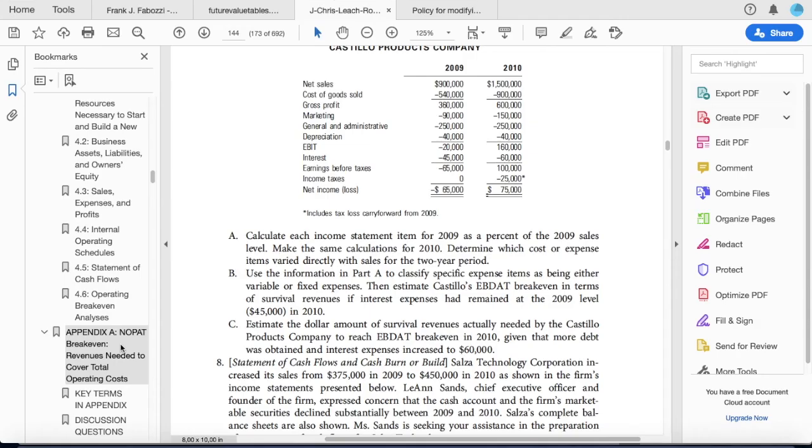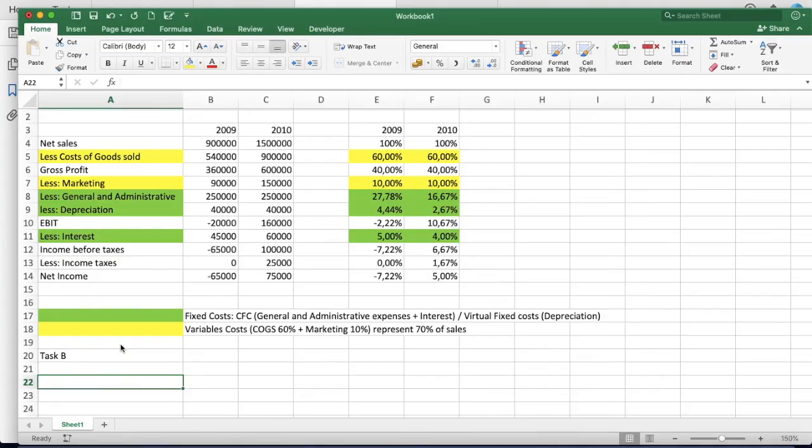So we are asked to compute the survival revenues. The survival revenues is the necessary or the required amount of sales that will allow the firm to cover all its cash costs. That's why we are using the EBIT, because the EBIT doesn't take into account depreciation and amortization, which are virtual or fake costs.